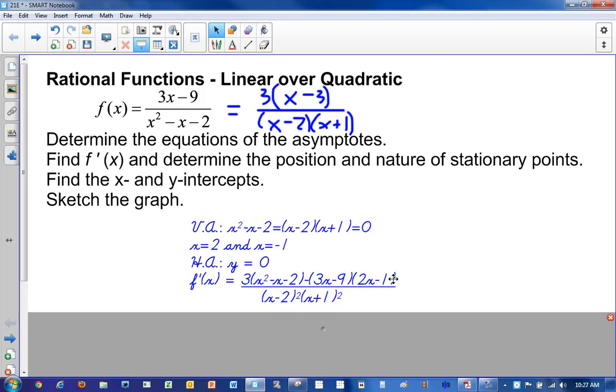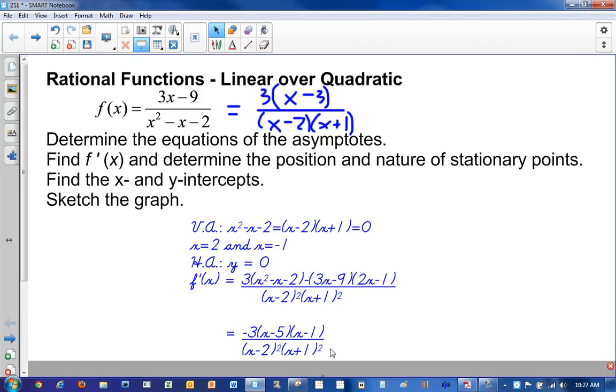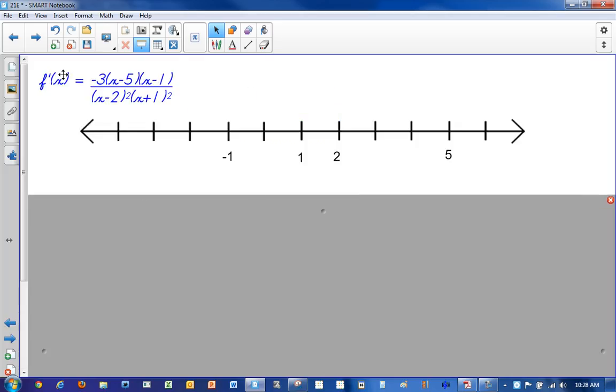Once I simplify the top, expanding everything out, I'm not going to go through all of the algebra, but I get a factorization on top of negative 3 times x minus 5 times x minus 1, and the denominator is already factored. So that's my f prime of x. Based on this, I need to find the stationary points by setting f prime of x equal to 0.